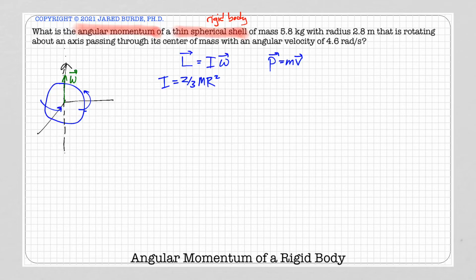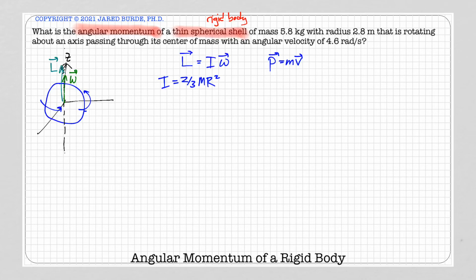And then in that situation, we would think that the angular momentum vector would be pointing in the same direction. Since it hasn't been made clear what specific direction it is, we can just imagine that this thin spherical shell is spinning in space, and we can line up our axes so that the axis of rotation aligns with the z-axis for the sake of simplicity.